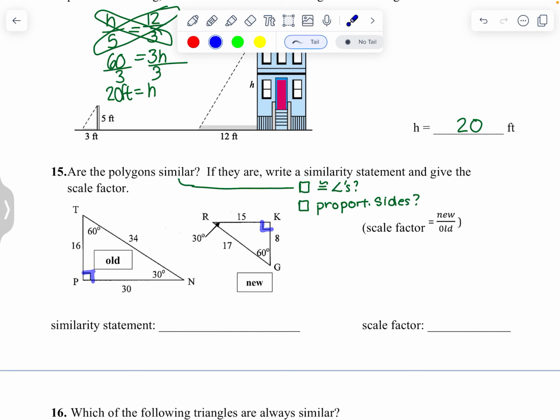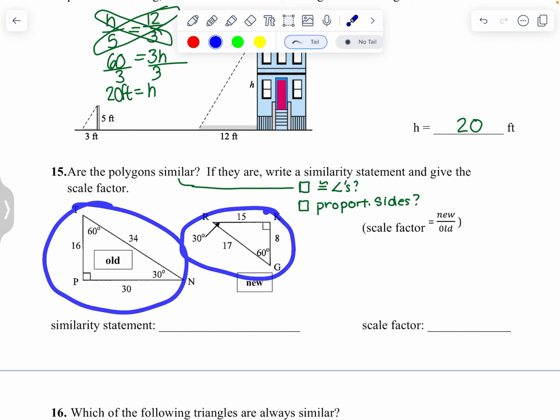We've got a right angle, 30 degrees, 30 degrees, 60 degrees, 60 degrees. So they have congruent angles. That's great. Now let's check and see if the sides are proportional. I'm going to take shortest side over shortest side, and let's put new over old. So short over short would be 8 over 16.